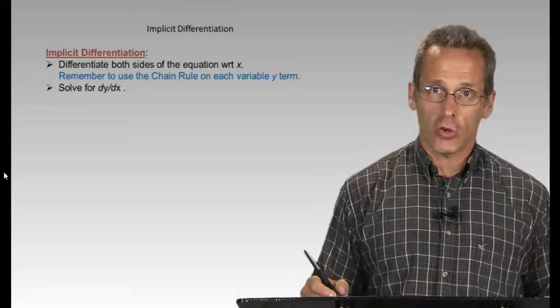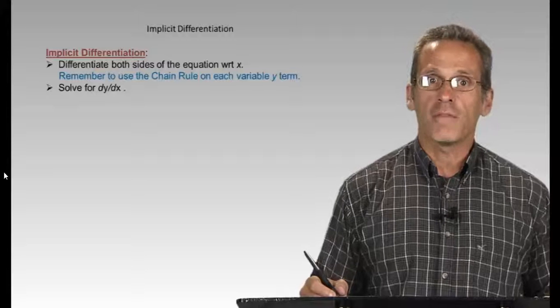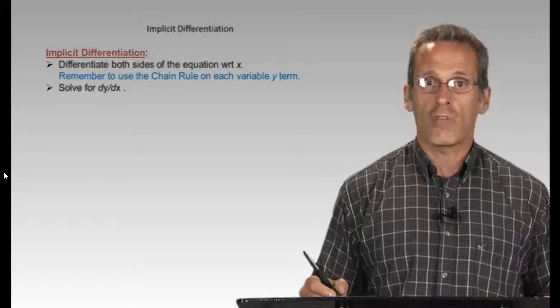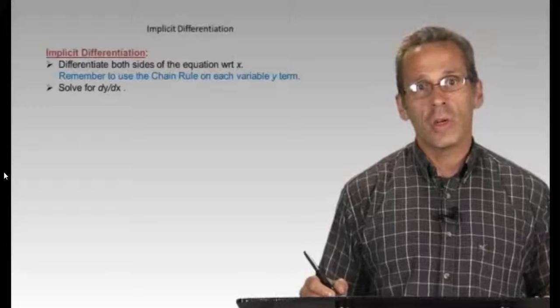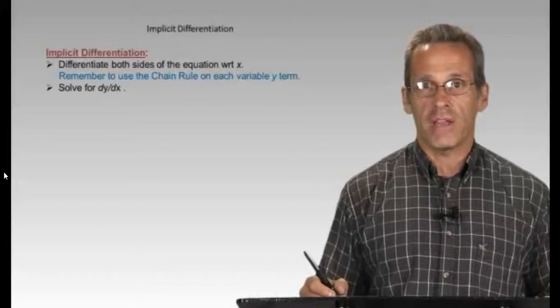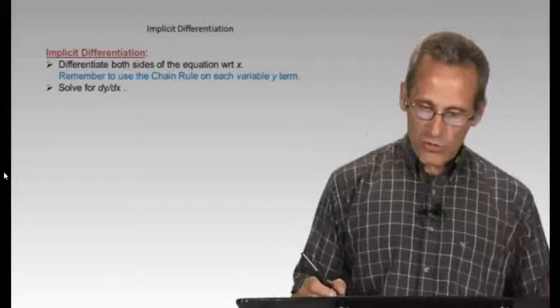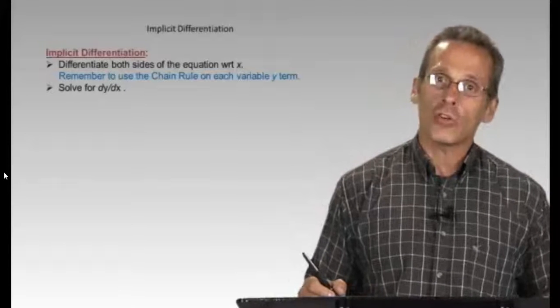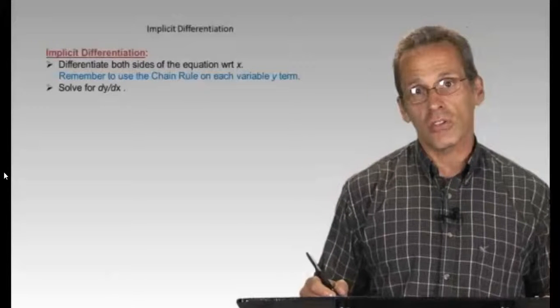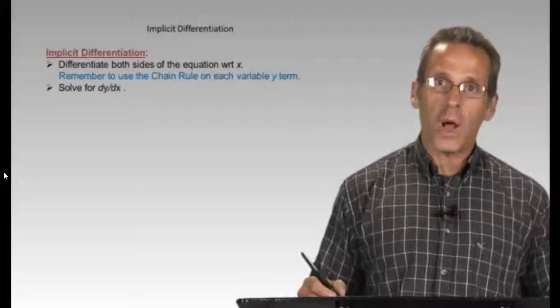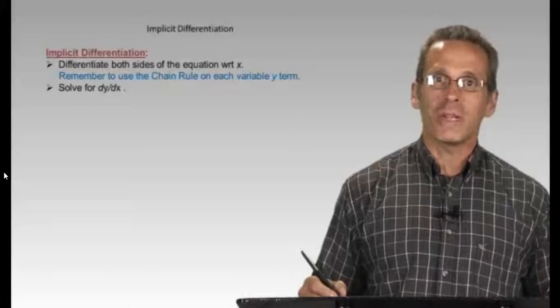If you think of the circle, you know specifically what function of x is for y. y is either the square root of 1 minus x squared or negative the square root of 1 minus x squared. So this means that we'll have to use the chain rule on each variable y term, since y is a function of x. The second step is to then solve for dy/dx, treat it as a variable, and isolate it.